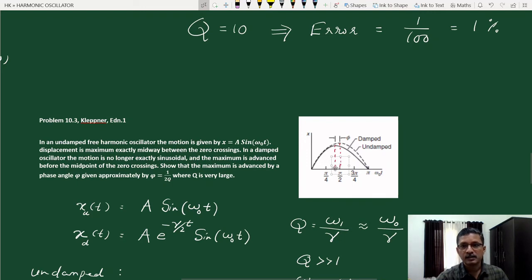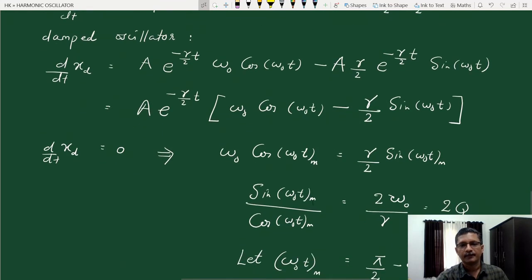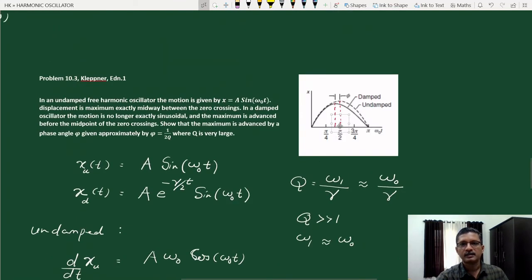The angle at which the damped oscillator becomes maximum is close to pi by 2 but slightly less than that. It becomes maximum earlier than pi by 2, the damped oscillator. So this angle we have obtained as omega 0 t m, that is the angle where it becomes maximum, and let us take it as pi by 2 minus the difference phi.